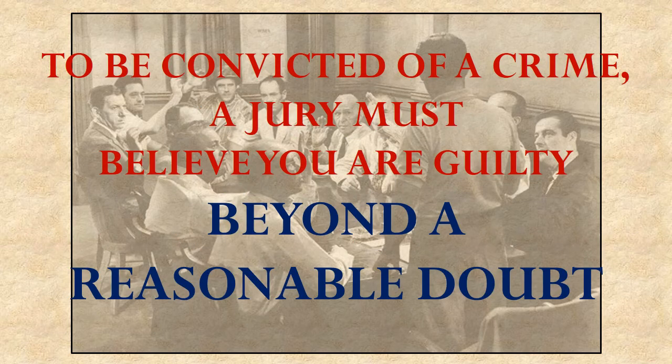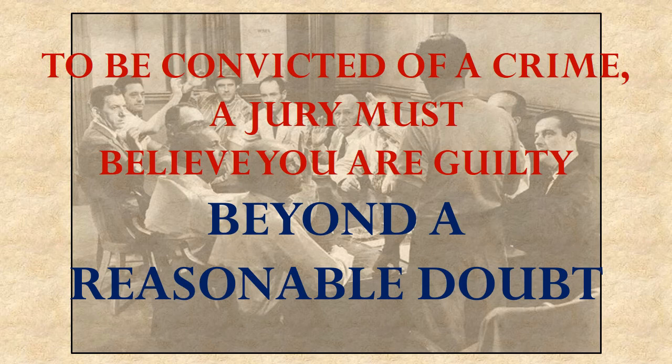In a criminal case, in order to convict you, a jury has to believe that you're guilty beyond a reasonable doubt. Now, what is meant by that is that if they have doubts, and those doubts are logical, that's what reasonable means, they should let you go. Now think about that. First of all, the doubts have to be reasonable.